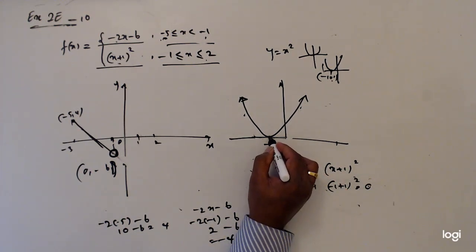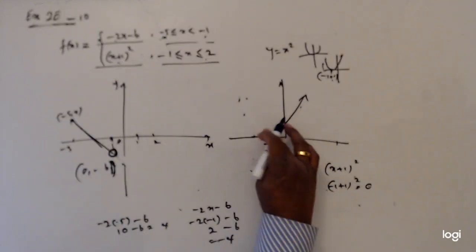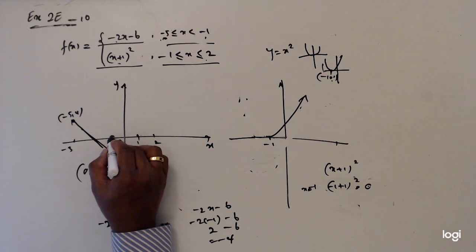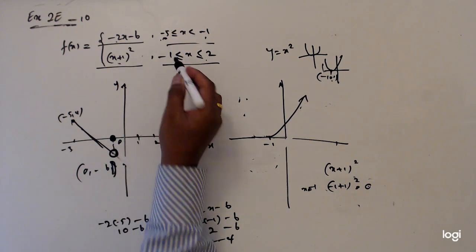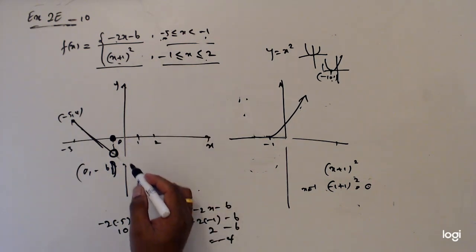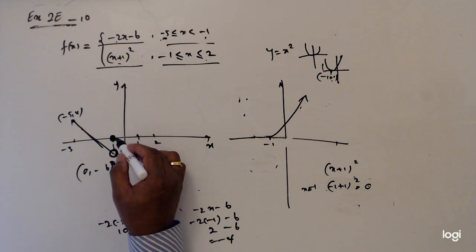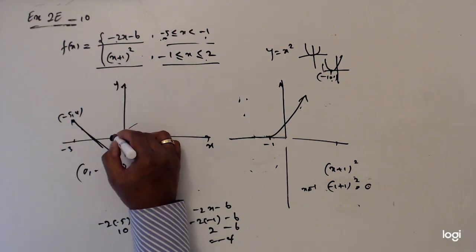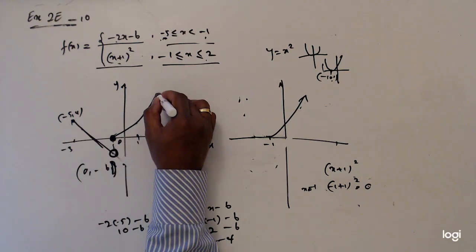So the graph starts from here, in this place, and I have to make it dark because it is equal. From here it is going to be a curve, when x equals 0, 1, something like this.